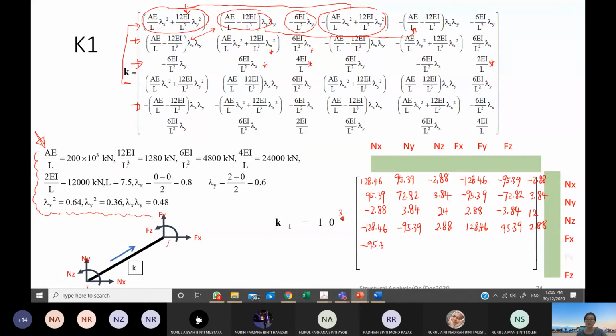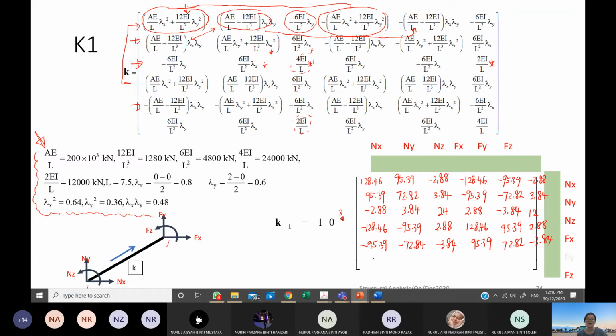Negative 95.39, negative 72.84, and negative 3.84, and 95.39, 72.82, and negative 3.84. Okay, so the last one, if you can see that, is exactly the same value and sign, but somehow there are differences in some of the locations.